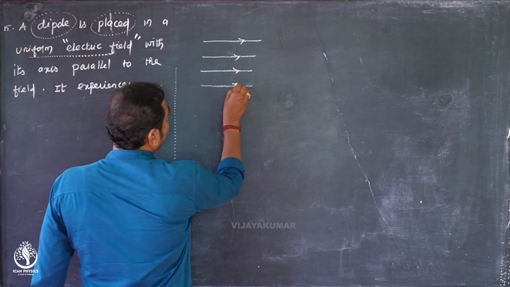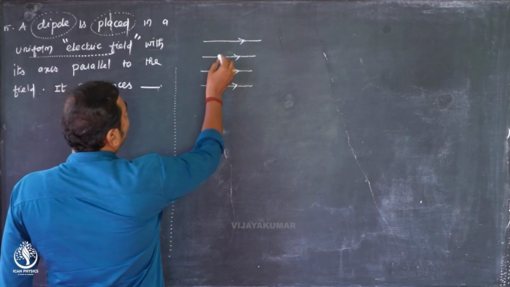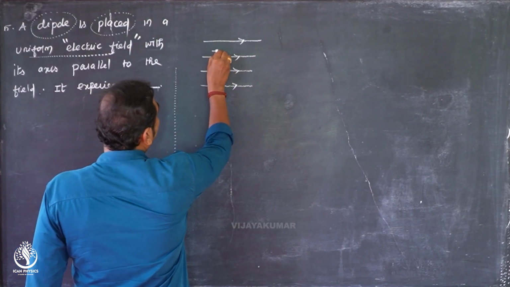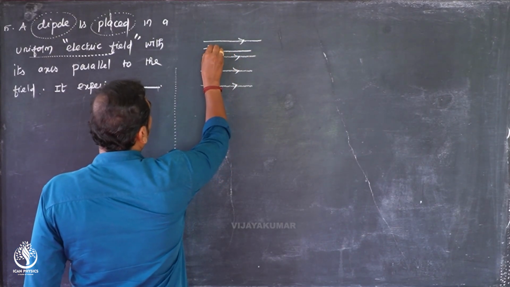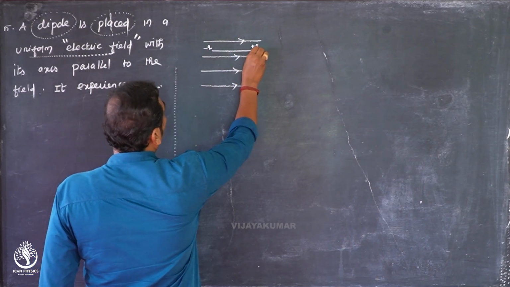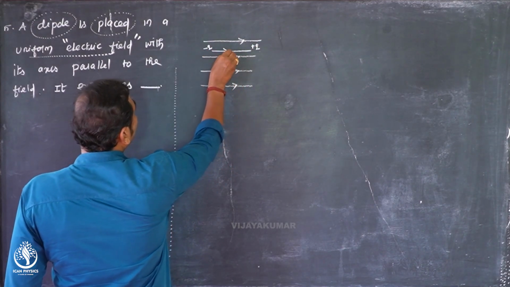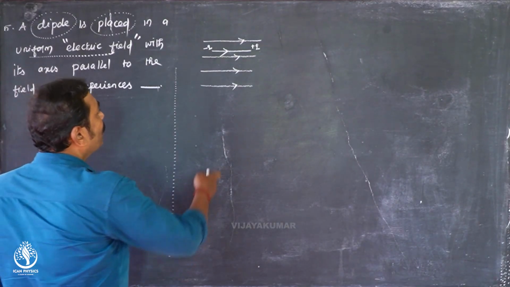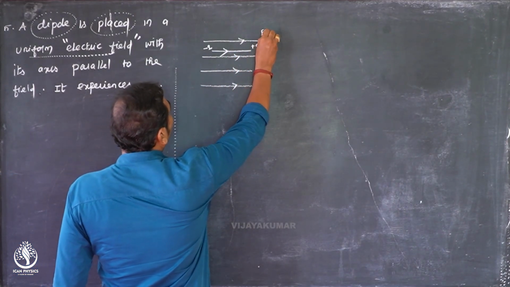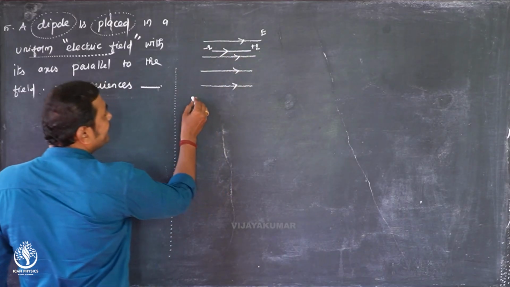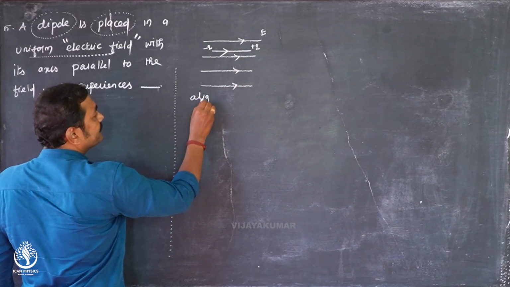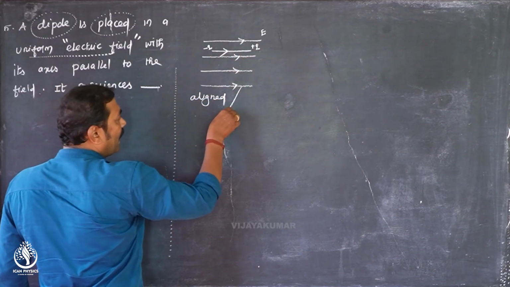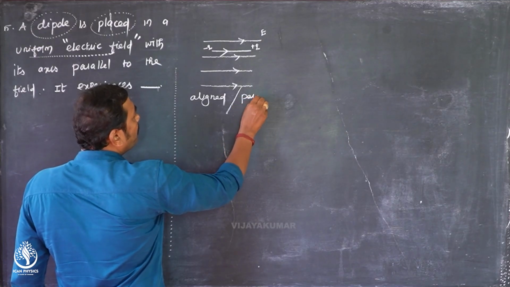The dipole is placed with minus Q and plus Q, and the dipole moment acts from minus Q to plus Q. In the external electric field, the dipole is aligned, or kept parallel.